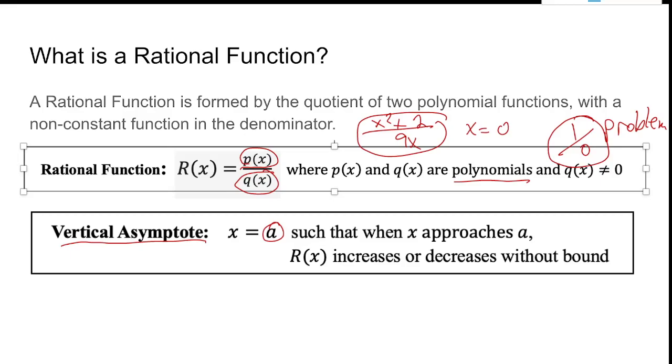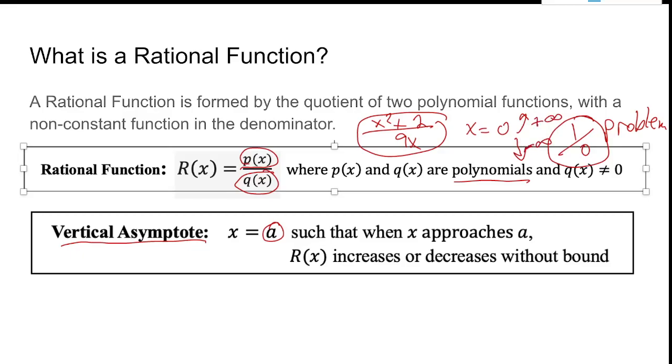And so what's happening is the function itself is going to be either increasing or decreasing without bound. Generally on one side it'll go to positive infinity, and then on the other side of 0 it'll go to negative infinity. Not always, but most of the time that's what we're going to see.